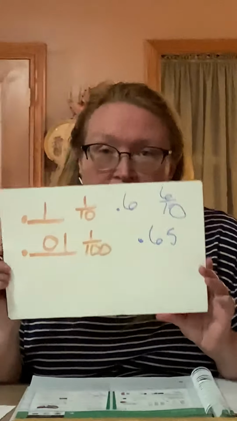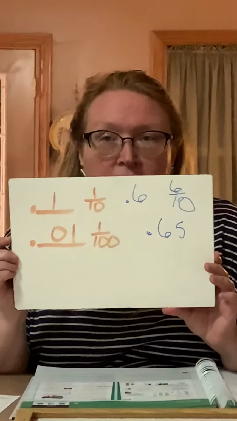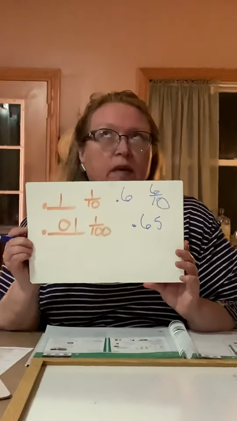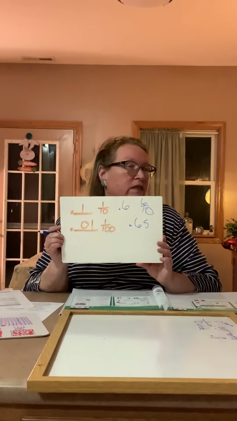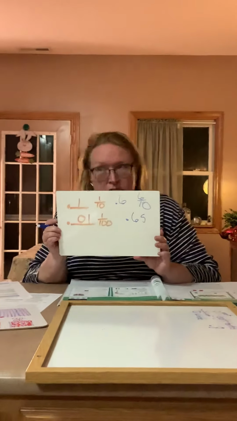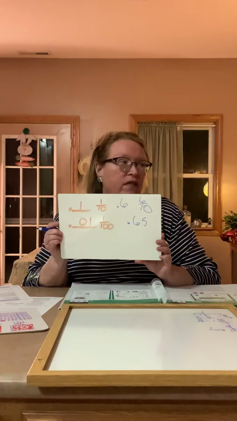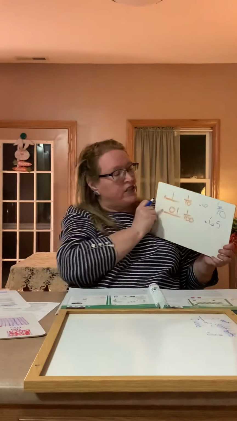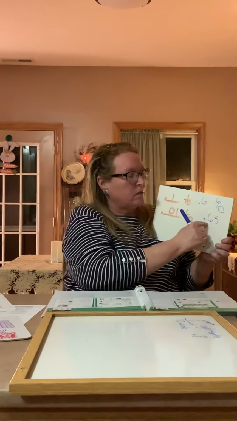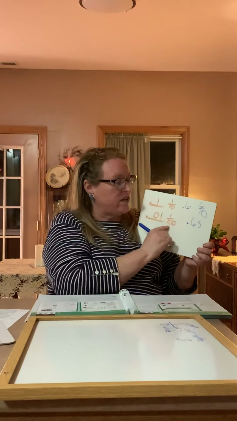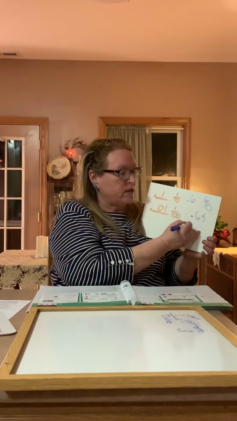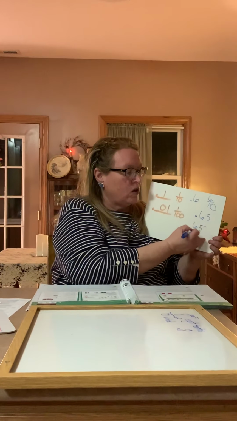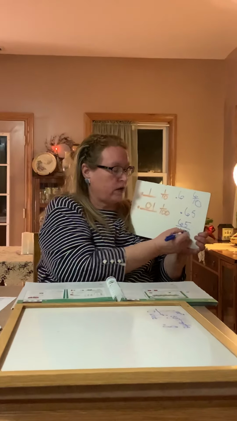You're just going to say that as the number you see, 65. In that case, you could tell me 6 tenths and 5 hundredths, but you really don't. You just need to know that that's 2 places behind a decimal. That means it's in the hundreds place. So that is going to be 65 over 100.